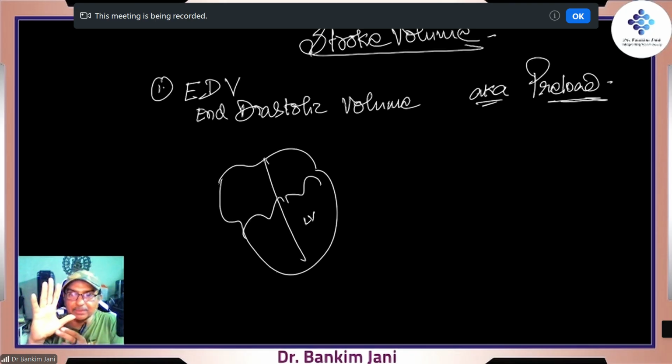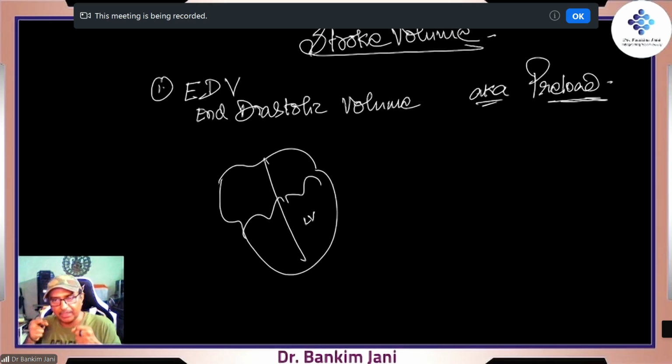And this is end diastolic volume. When the heart has fully dilated, the blood is filled. And how much blood is filled? When the diastole is complete and the heart is now about to contract, that is what is called the end diastolic volume, and it is called the preload.